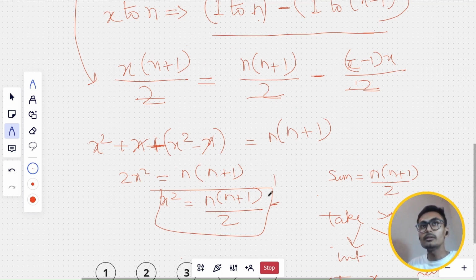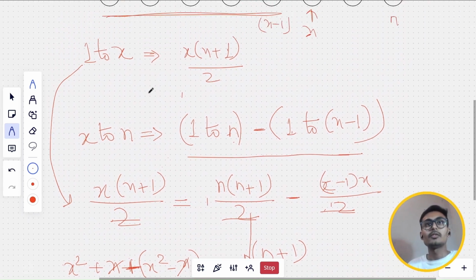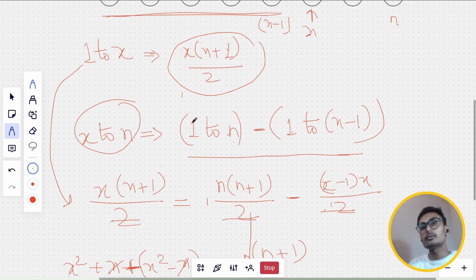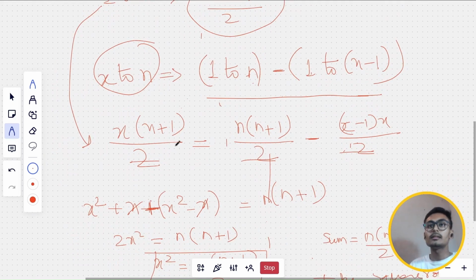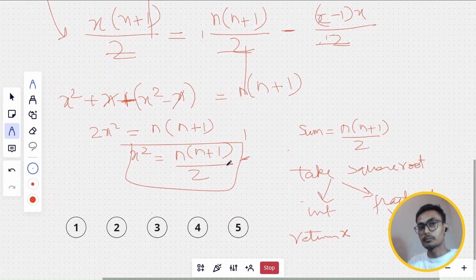And how is it derived? It is derived simply from summing from 1 to x, and from x to n, that is from 1 to n minus 1 to x minus 1. After solving, we get this equation.